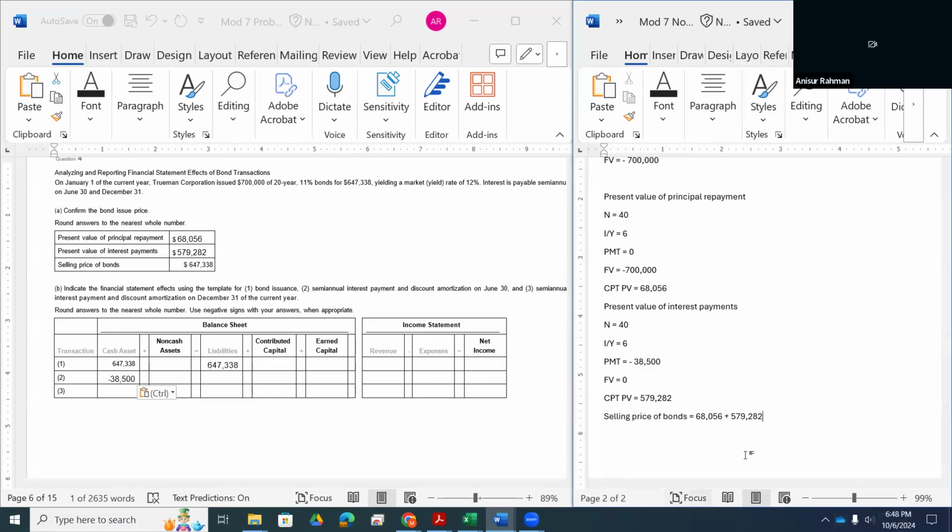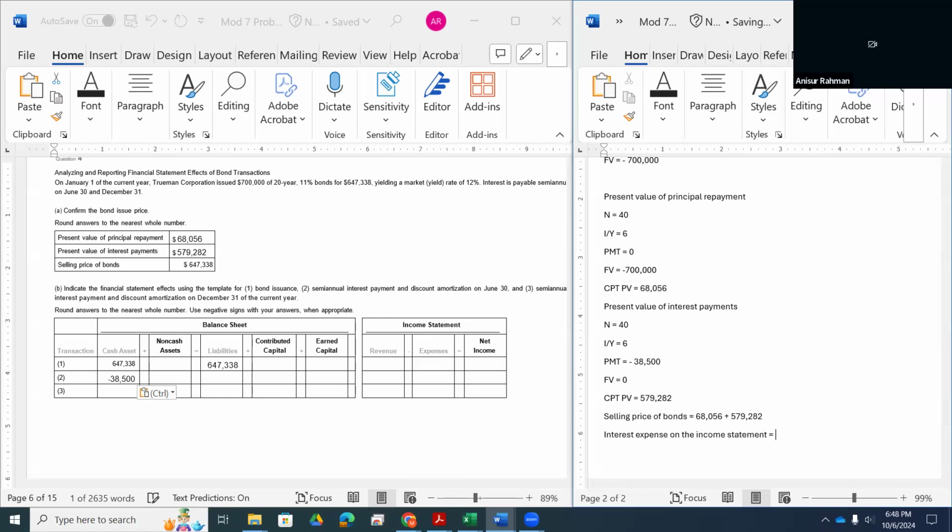So what we have to do to find out interest expense, and it is as of June 30. So first 6 months. So interest expense on the income statement, I'll write down.